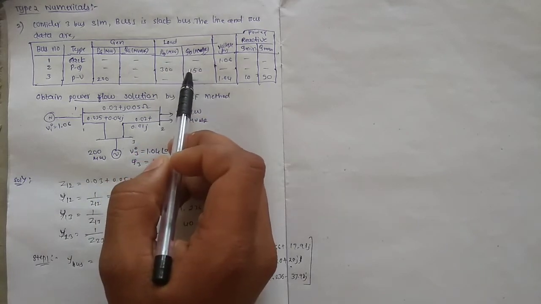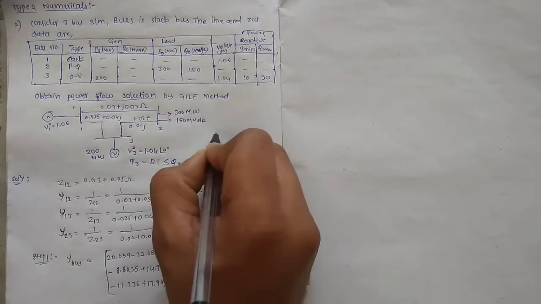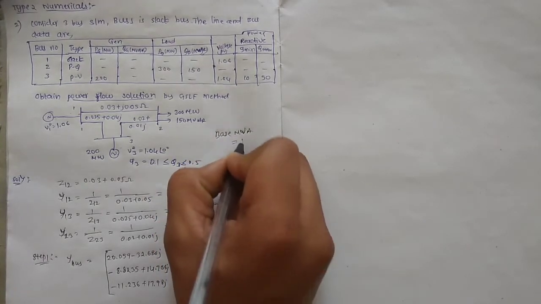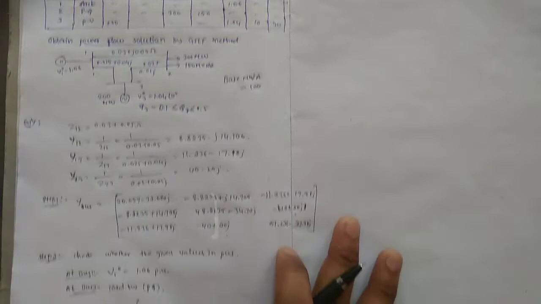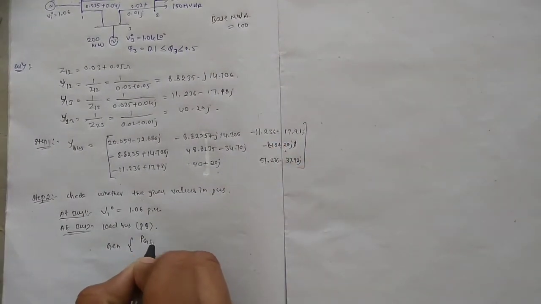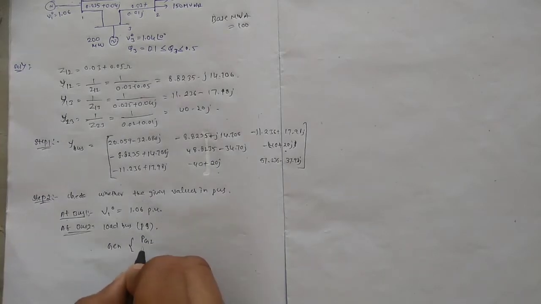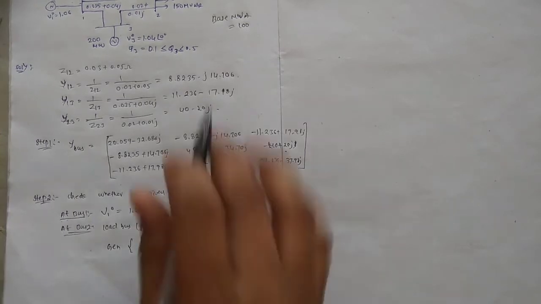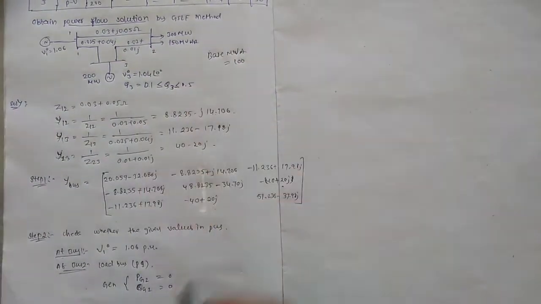We need to convert into PU, taking base MVA as 100. So PG2 and QG2 are equal to 0 0, because there is no generation at the second bus.